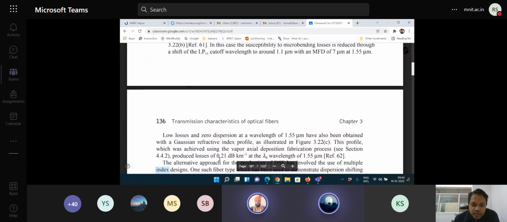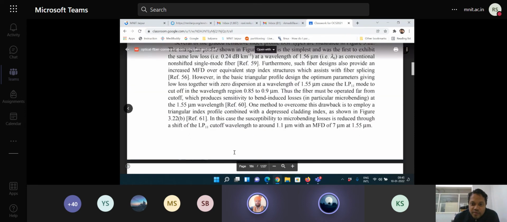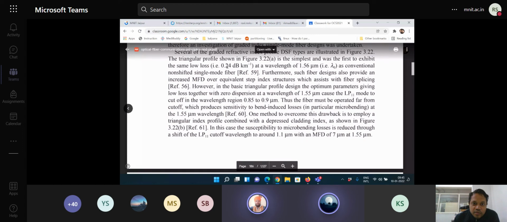So you can see here, the loss of these dispersion shifted fibers, however, is not the same as we get for the standard single mode fiber. So there is a trade-off here. See, this is of the same range.